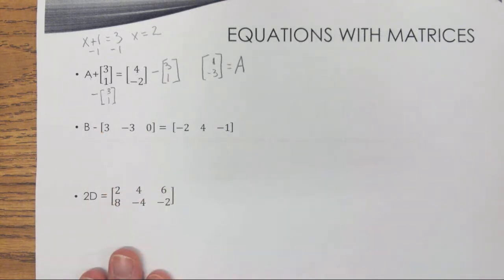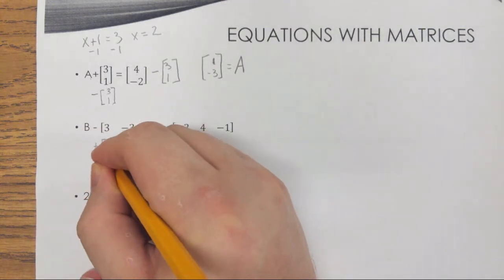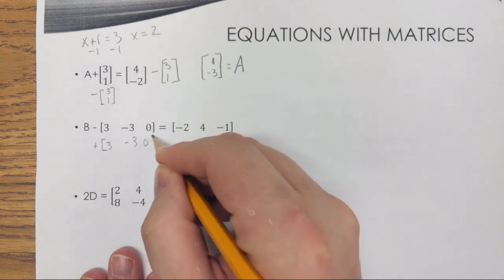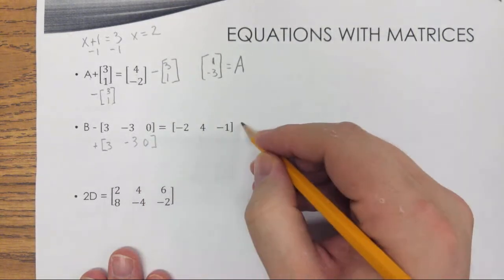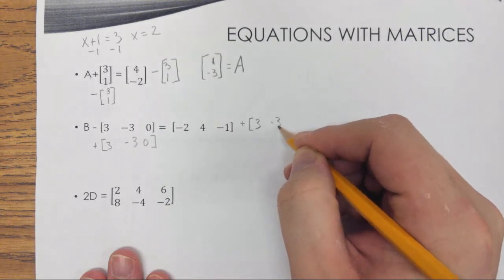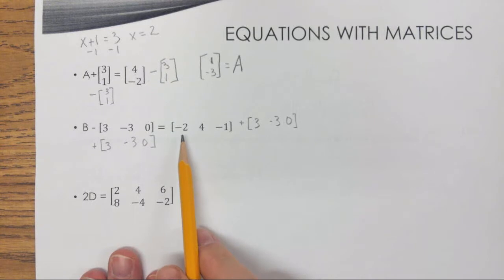Subtraction, that's going to be the same way, except now I'm going to be adding the matrix 3, negative 3, 0 to both sides. That's 3, negative 3, 0. So we'll be adding elements together.